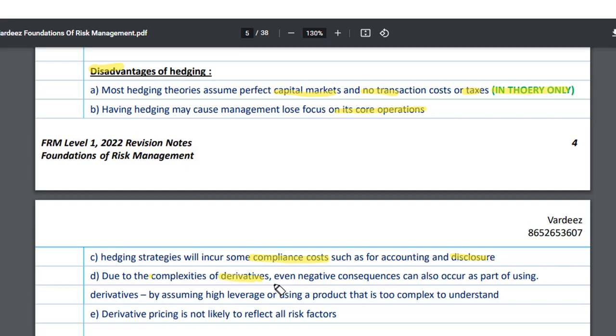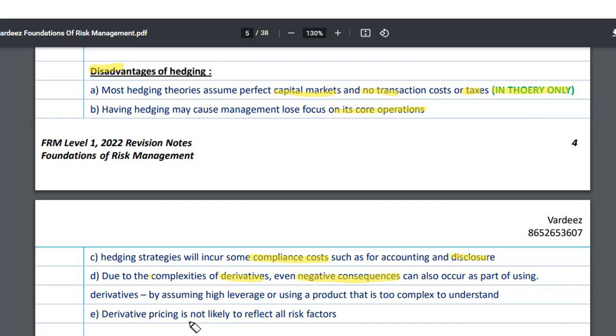As we discussed in the advantages of hedging, if we get into a contract there could be a potential cash flow advantage, but let's talk about the negative consequences as well. You may even lose money on your derivative contract. So this is something that we need to understand as well.